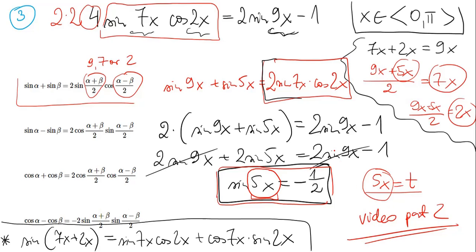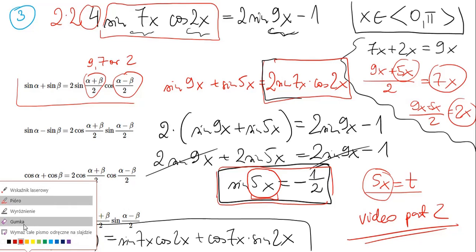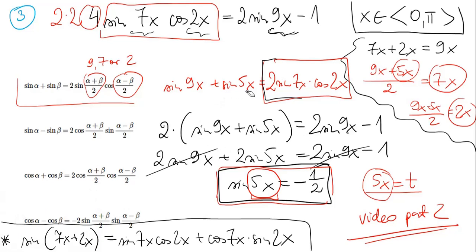So the best way is to substitute 5x as t, just a t, and then you have a bigger interval, because if you put x from 0 to pi, you will get 0 to 5 pi, the period, and then you have to look at the wider interval, so it's going to be 0 to 5 pi.